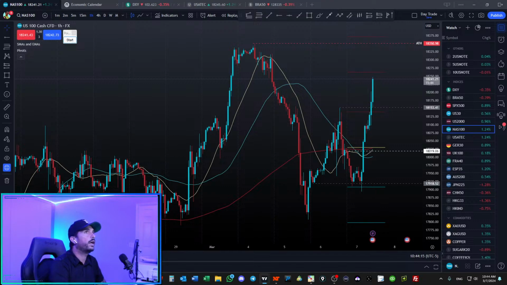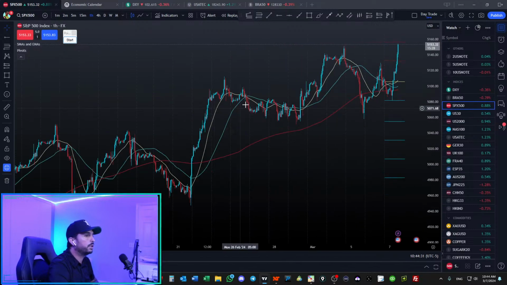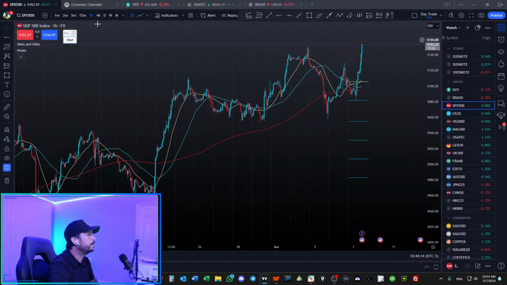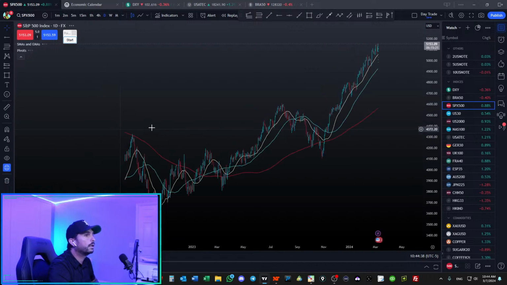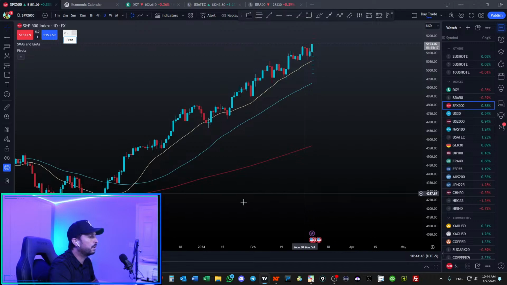Nasdaq, S&P is very close to the, let me look at it, hold on. Let's go to the S&P. I think I was looking at the wrong S&P, that's why the pivot point was kind of confused. Let's go to the daily. Oh, that was the all-time high.